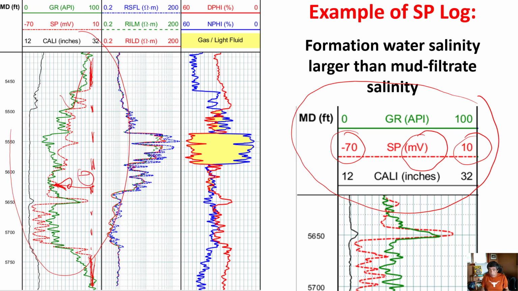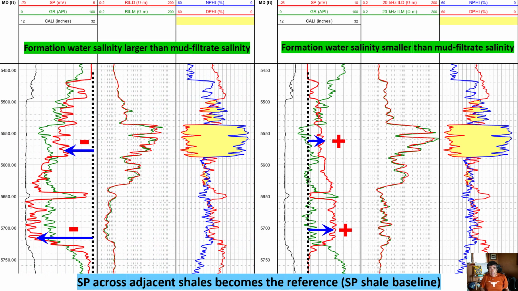That's one example. Now, if you were to have in a hypothetical world the same well, but in one case you have fresh formation water, and here salty formation water, what will happen with the same type of mud is that if you have the shale baseline, which is the constant line across shales, and the value of the spontaneous potential for a pure shale, that is a reference in both cases, you will see that if formation water is saltier, higher electrolyte concentration than the mud filtrate, the deflection will be to the left.